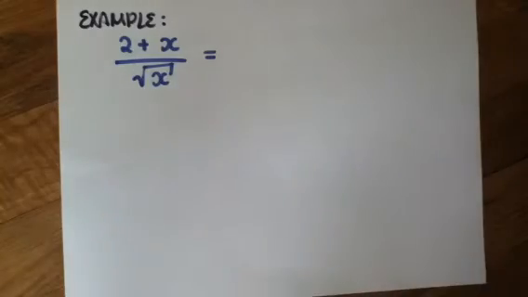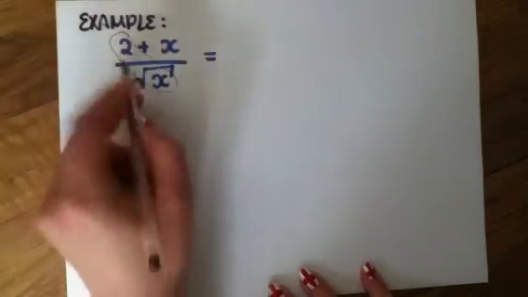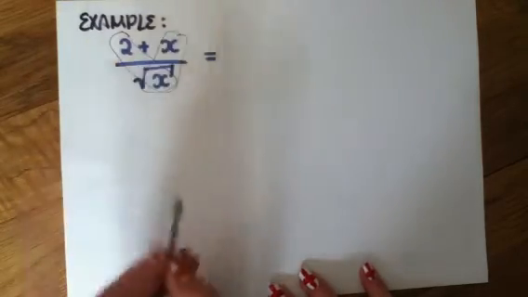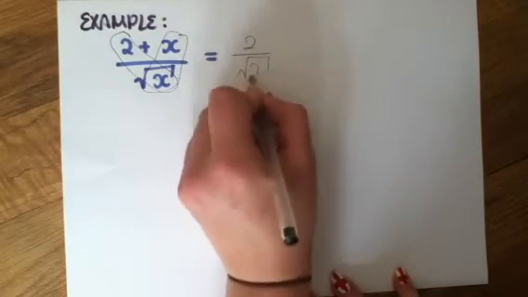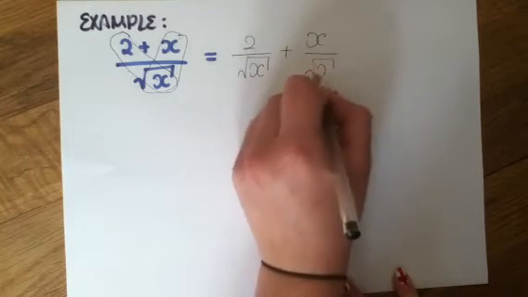So let's do another example. Again, one thing on the bottom, two things on the top separated by plus or minus. We can pull these apart in this way. So 2 over root x plus x over root x.